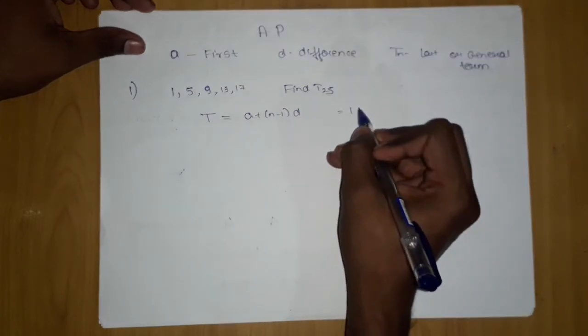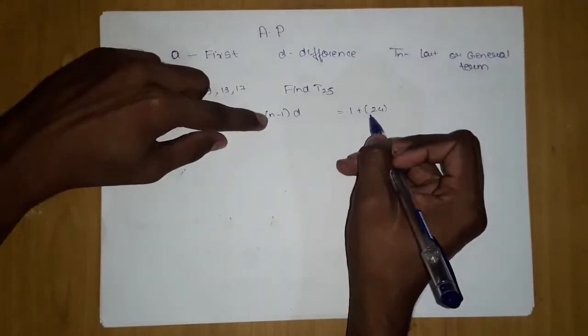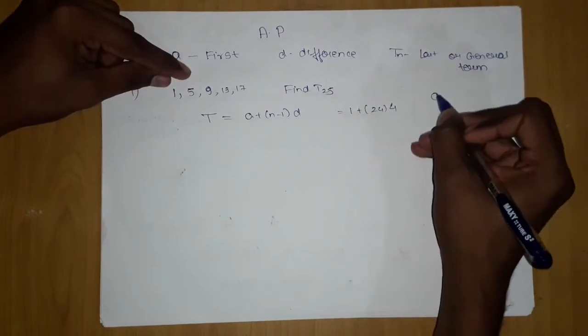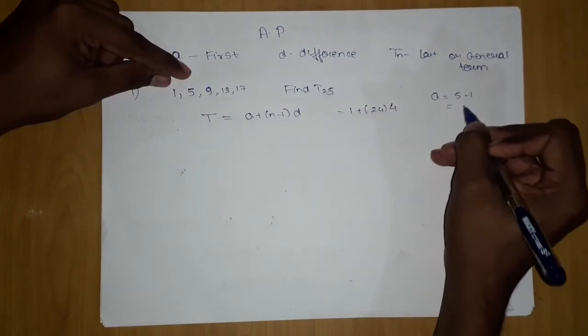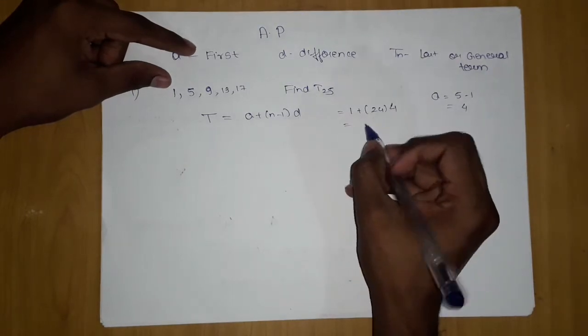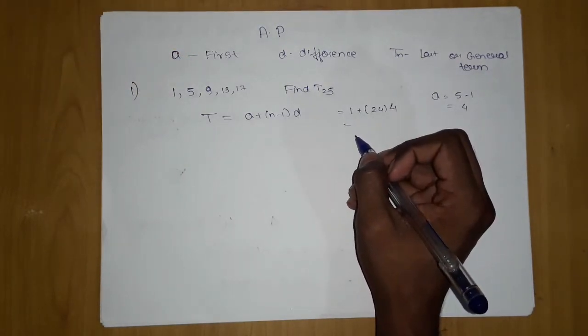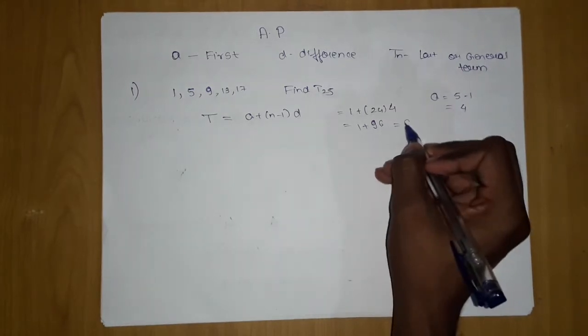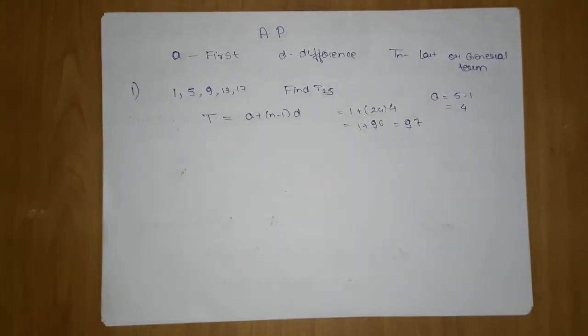Which is 1 plus 24, since here you place 25 minus 1, into d, which is 4. How do you find d? 5 minus 1, which is 4. Now you get the answer, 96 plus 1, 97. So the first problem is done.